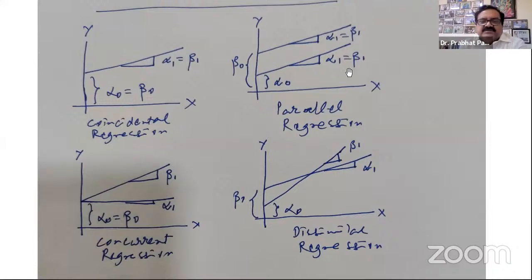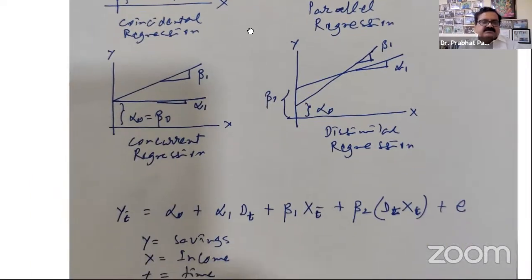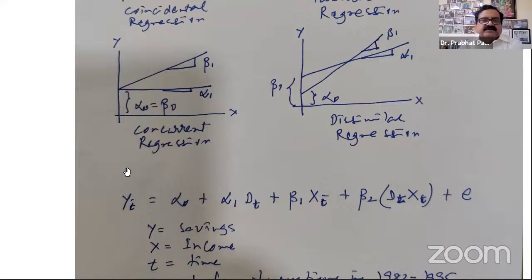In both the regression equations, the slopes are the same. So alpha 1 is equal to beta 1 in both cases. So what you get is a parallel regression. If you get a parallel regression scenario, this means that people may have changed the quantum of saving, but the basic behavior of saving has not been affected by the policy. So that can be the result here. But there is a third scenario, which is called the concurrent regression.